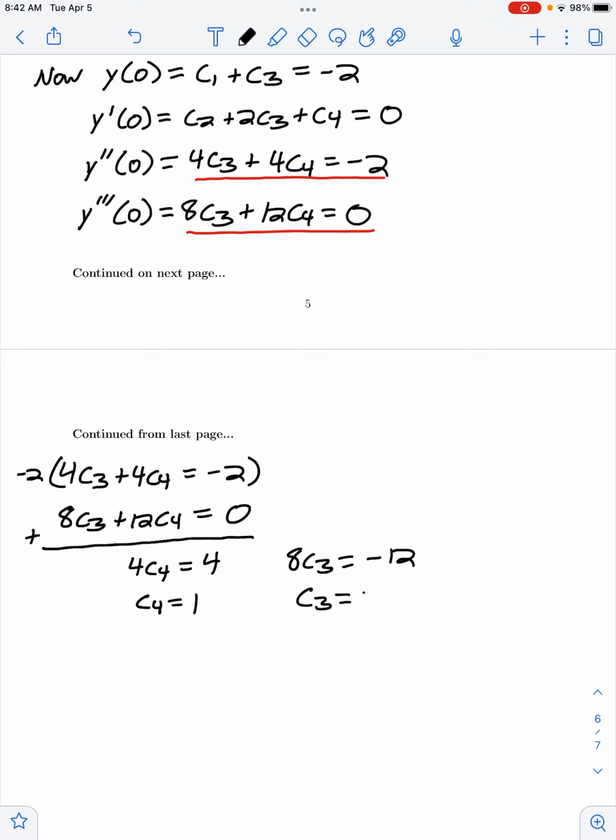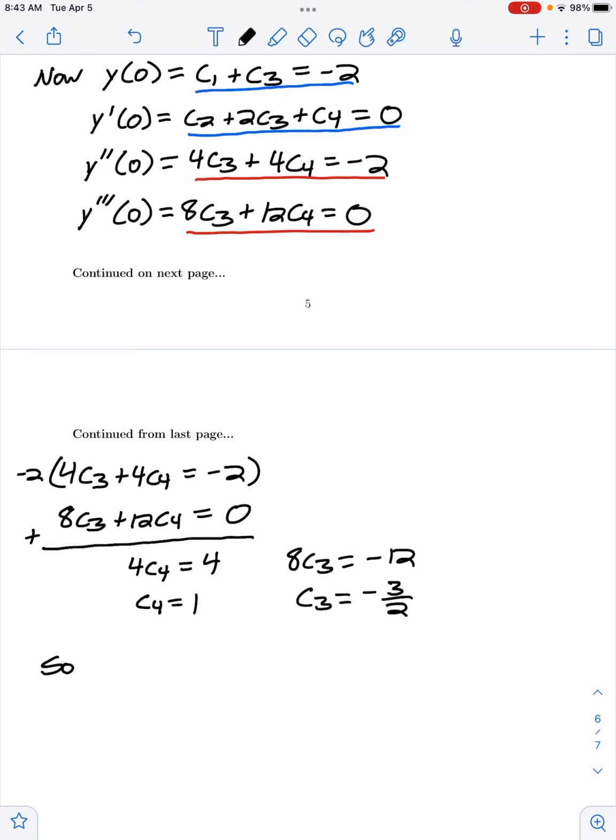So c3 is negative 12 over 8, or negative 3/2. So once I have c3 and c4, I can then substitute back into my first two equations for these constants to obtain c1 and c2. So let's take a look.